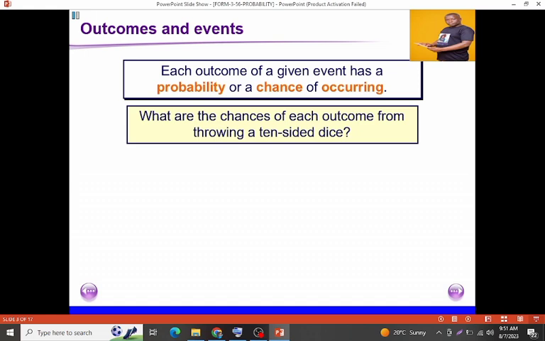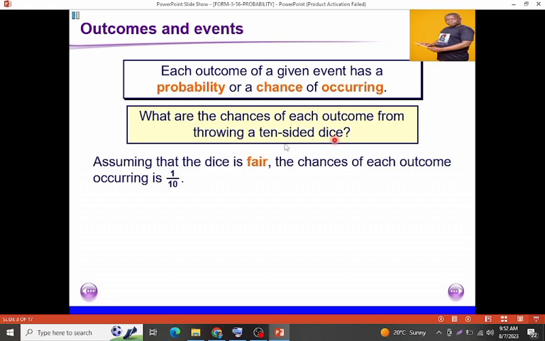So what is the chance that each face will show up? To show up means to be on top. So what are the chances of each outcome from throwing a dice? So assume that the dice is fair.